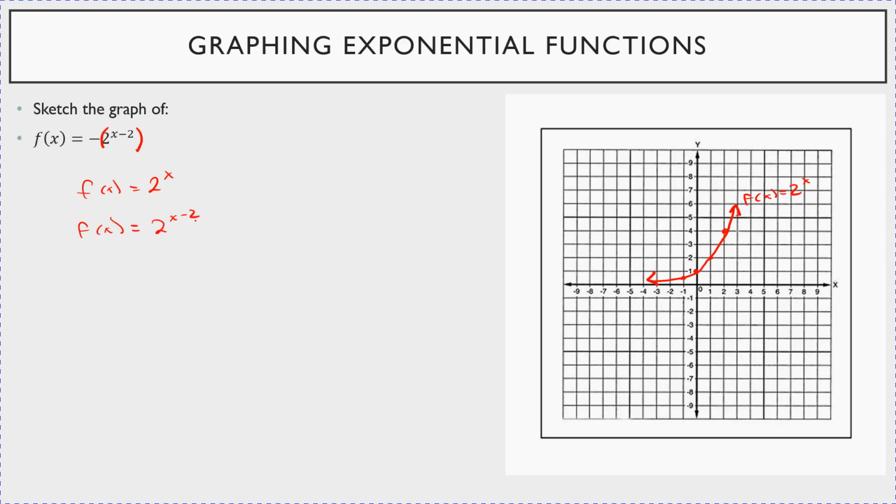This minus 2 means move to the right 2 spaces. So I'm going to take every value and move it 2 spaces. 1, 2. 1, 2. 1, 2. 1, 2. I'm going to put a dot here because that's my intermediate step.